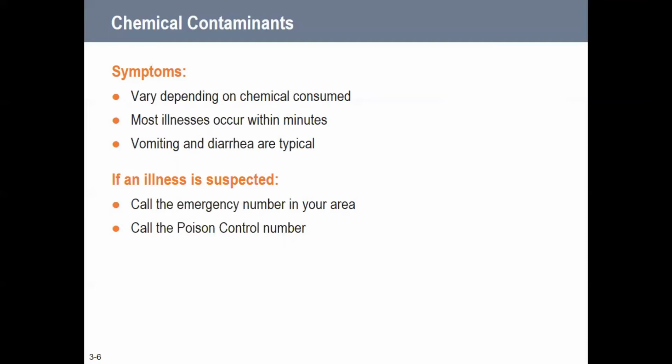So if illness is suspected, of course, we want to make sure that we're calling the emergency number in the area, especially if it's very serious. Call the poison control number to make sure that we get that taken care of. Because again, the last thing we want is somebody getting really, really sick because of that.